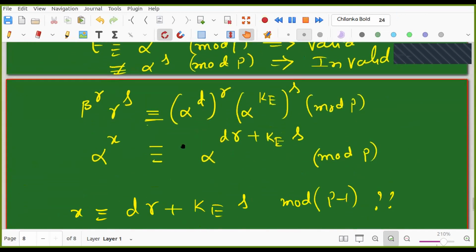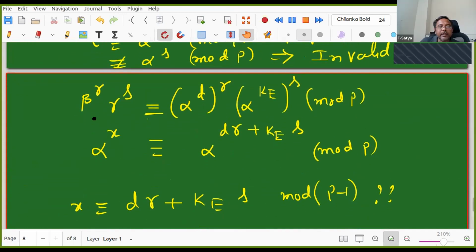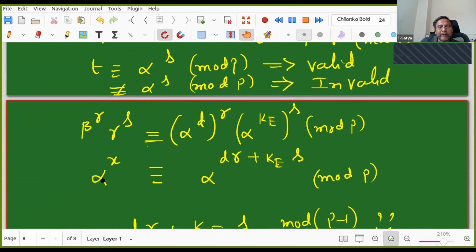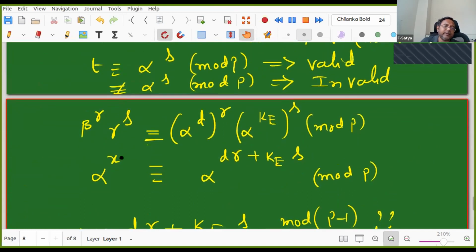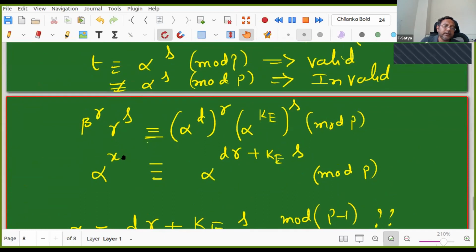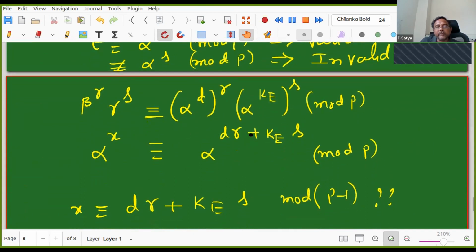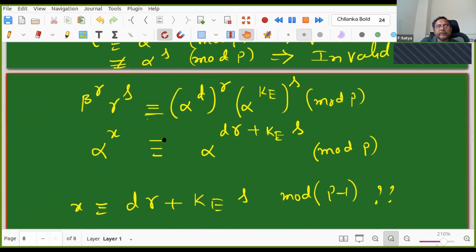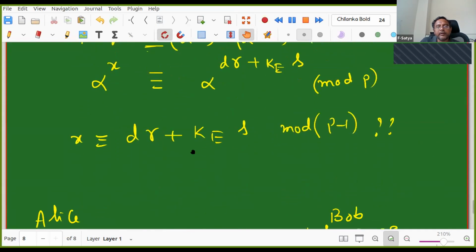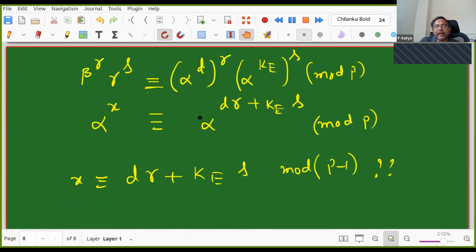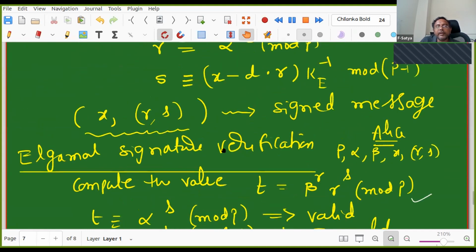So this is actually alpha power R into alpha power S, which is alpha power X. Now both of these are X. So that's verified. This is the thing I put a question mark on, but I explained it to you. It comes from here.